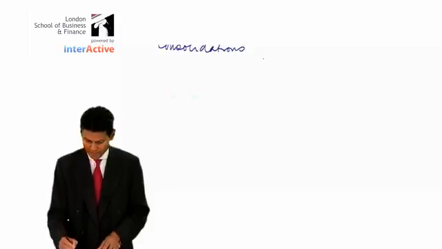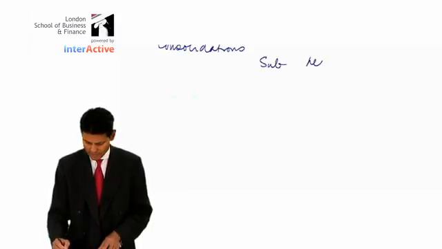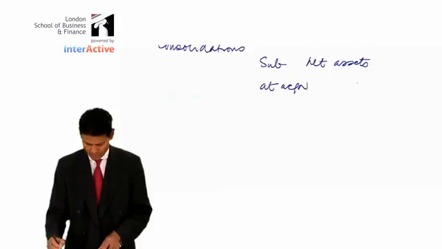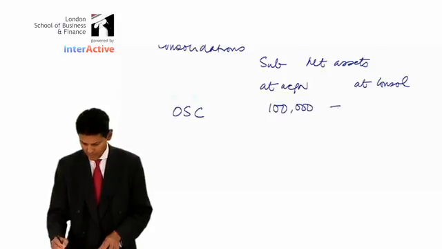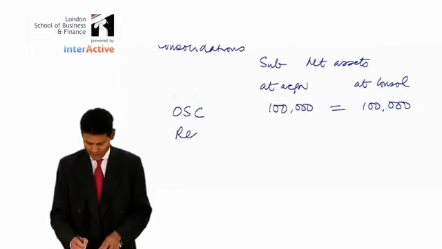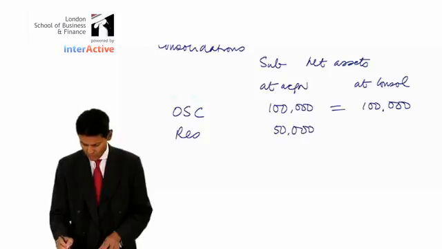So if you have the subsidiary's net assets at acquisition and at consolidation, the share capital is 100,000, and that has to be 100,000 there as well. Then you have reserves of 50, which becomes 70.